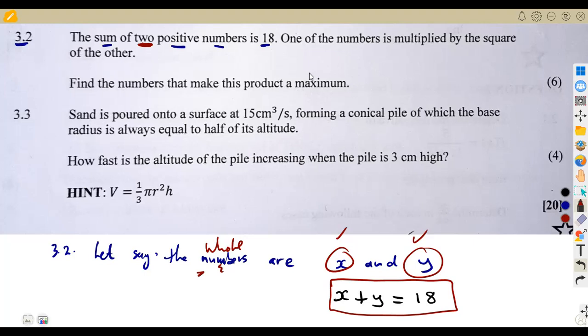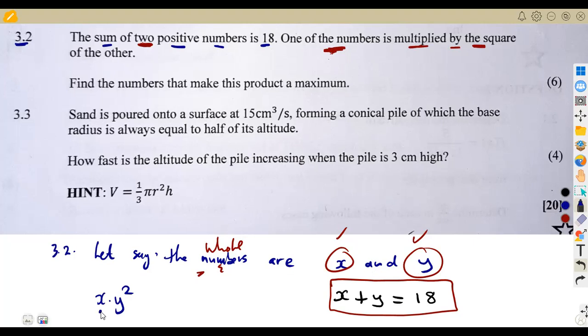Then now they're saying, take note about this part. One of these numbers is multiplied by the square of the other. Meaning we can choose to let x be multiplied by the square of y like this. That is what they are saying.